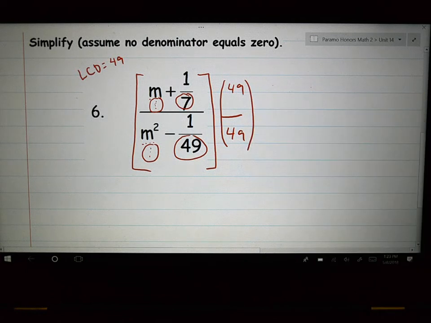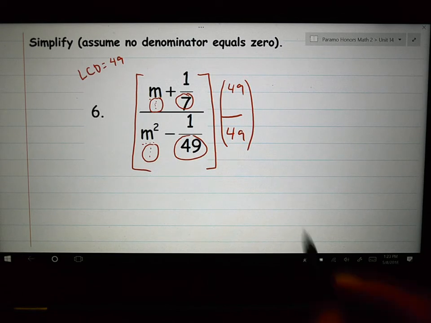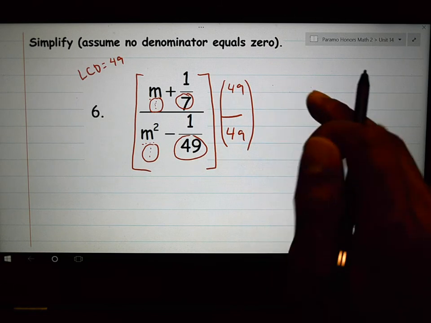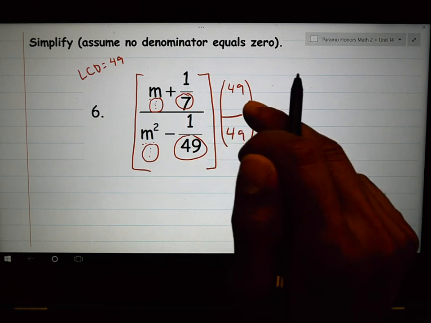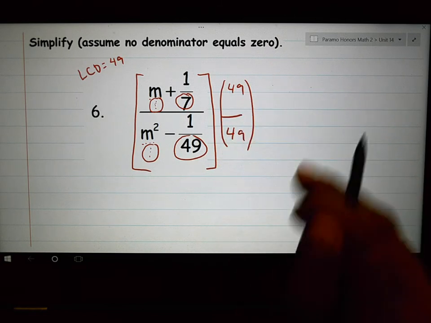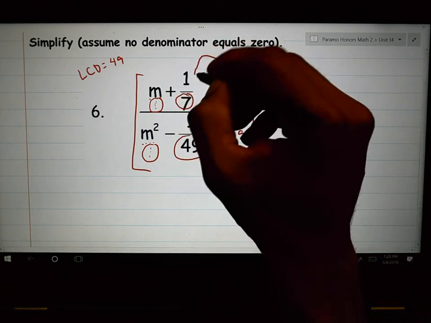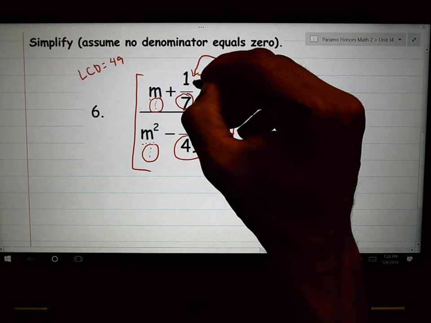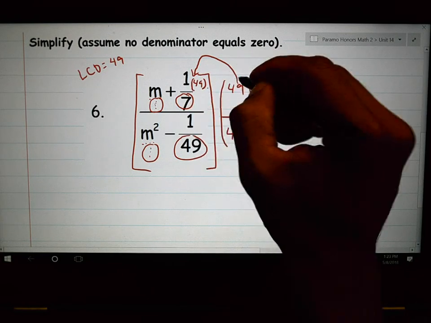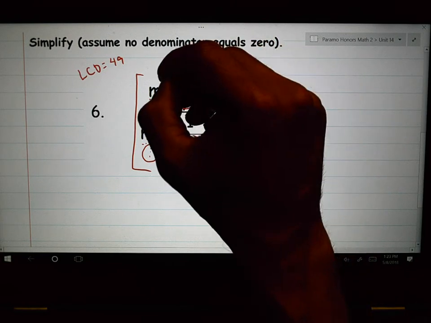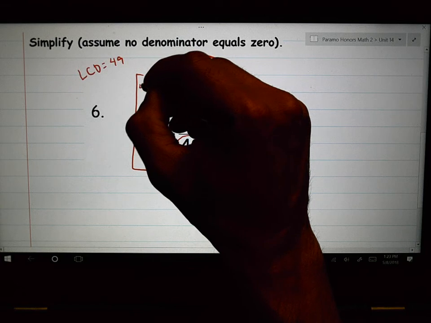But what this is going to allow us to do is get rid of the complex fractions. How's it going to work? This 49 is going to distribute to each term in the numerator and each term in the denominator. This 49 is going to go right here. I'm going to put 49 right there. And the 49 is going to go on the other side of the plus sign. I'm going to put a 49 right there.